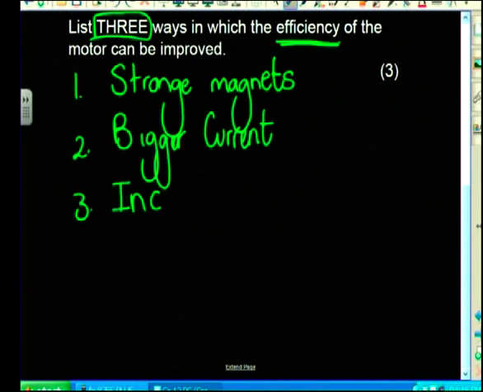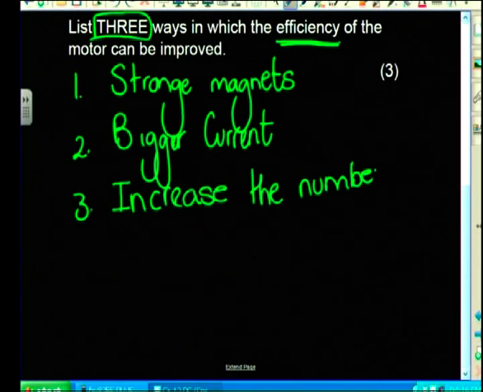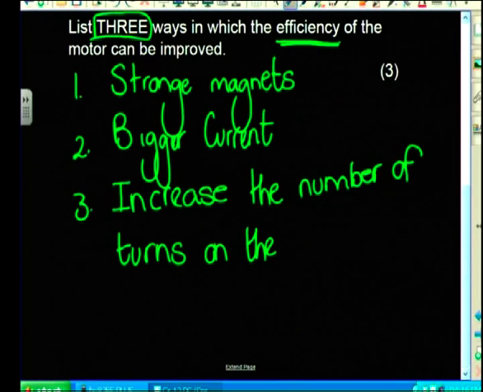That means the third thing we can do is increase the number of turns on the coil. Maybe I should spell stronger for you. Stronger magnets, bigger current, increase the number of turns on the coil.